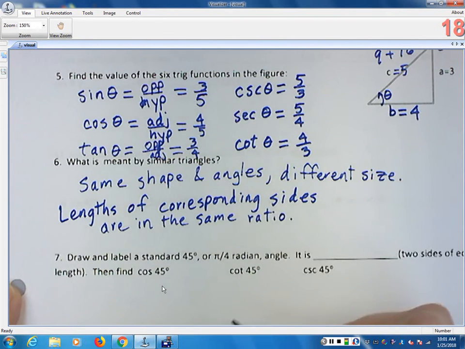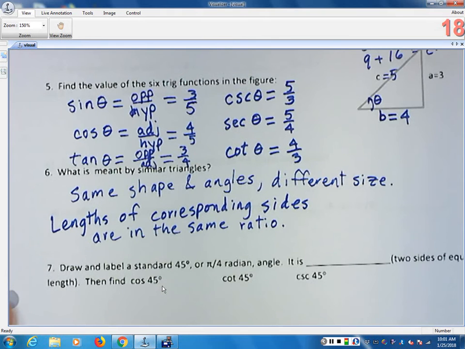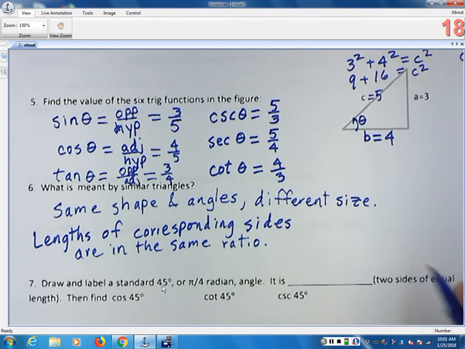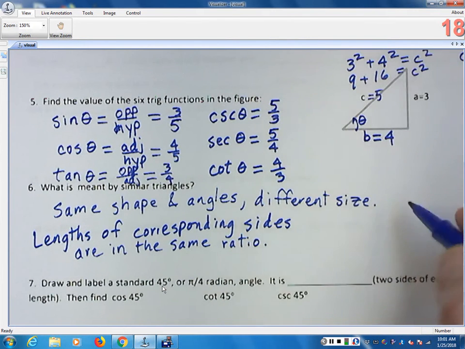So if they're in the same ratio and we do opposite over adjacent, it's going to be the same. So our trig functions depend only on the size of the angle. So our trig functions will not change.